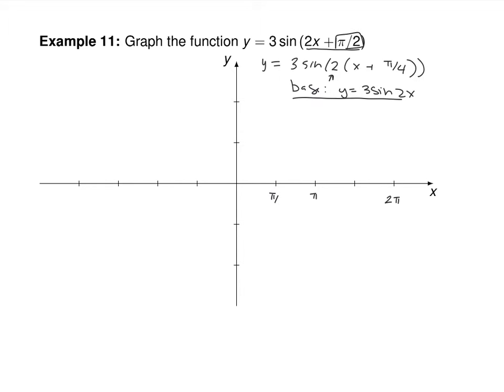So here's pi/2. Or you can say that 2x equals 2 pi, x equals pi. That's the length of one cycle.